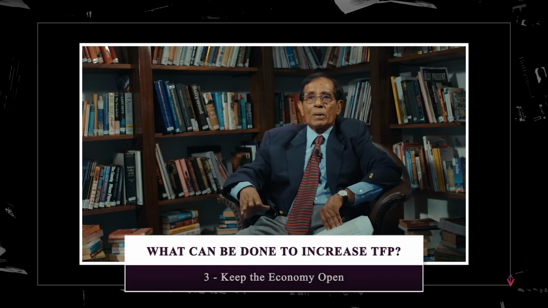So FDI is one. Keep the economy open, so that anybody can buy and sell with us without great barriers being put in place. That is why, what happened in '78, suddenly we had a very difficult system of control. Some people said it was like the Soviet Union, our level of control. Nearly 100% of our imports were controlled. Okay, I know because I was in Sri Lanka at that time.